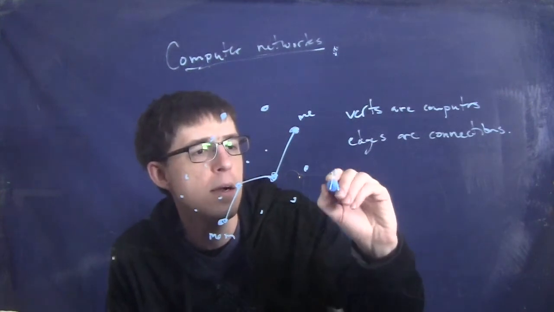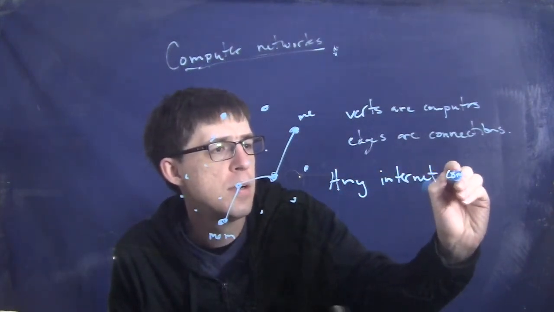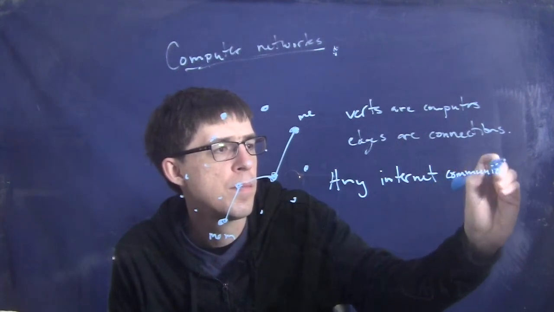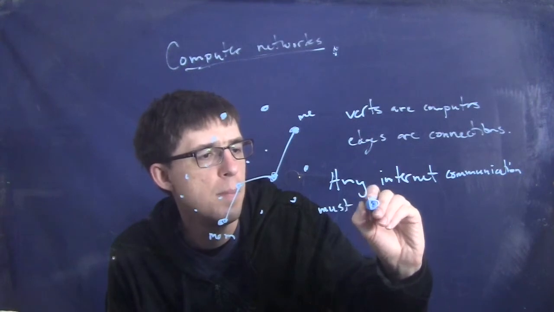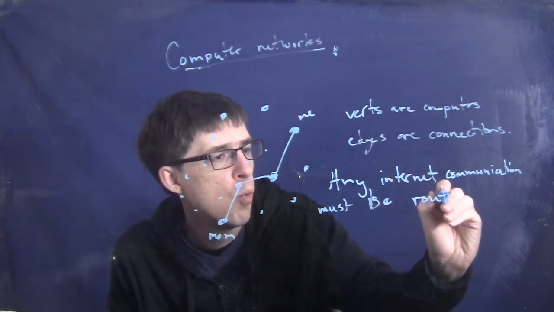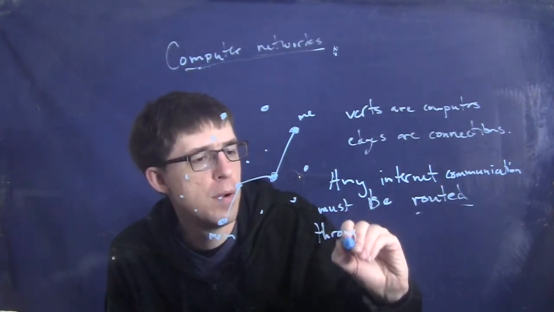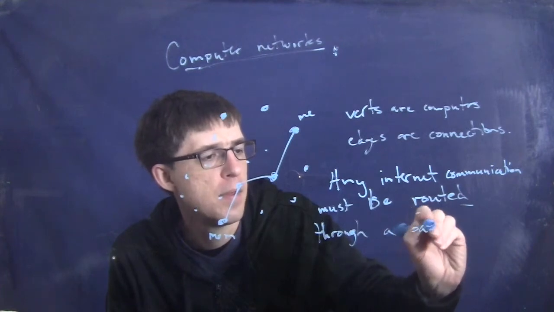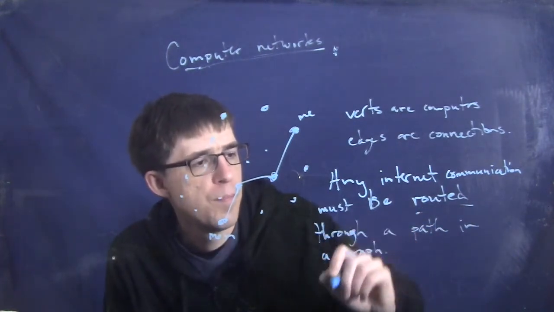So any internet communication must be, and there's a word which you've probably heard in this context, must be routed through a path in a graph, right? Routed.